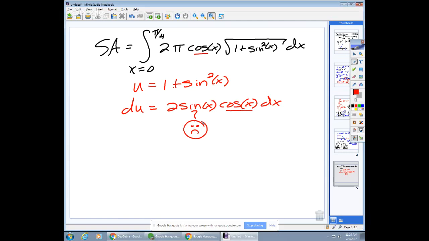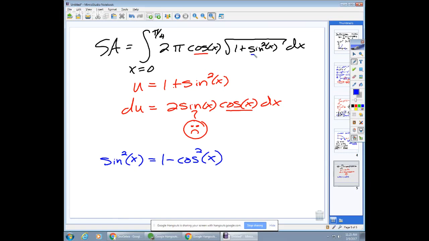I could try to divide the sine to the other side, but then I'll be mixing up my u's and my x's. Bad, not a good idea. Don't do that. So then I'll say, okay, what? Somebody's got an idea. What is it? Try solving the Pythagorean identity for sine squared of x and then plugging that in. Yeah, that's a good idea. If we solve the Pythagorean identity for the sine squared, that's going to give us that the sine squared is 1 minus the cosine squared.